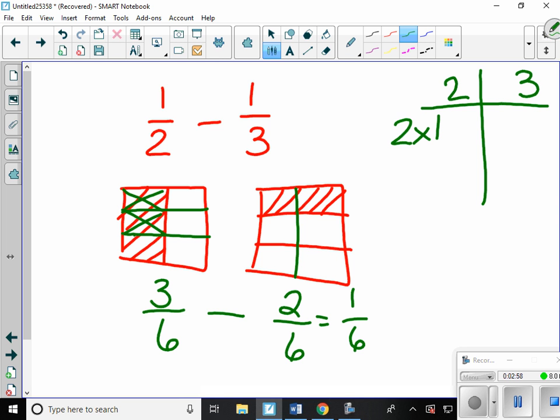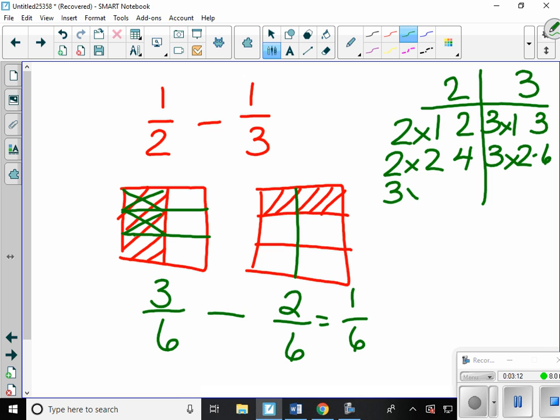No, some of us talked about this yesterday. 2, 3, 4, 6. There's my common denominator.